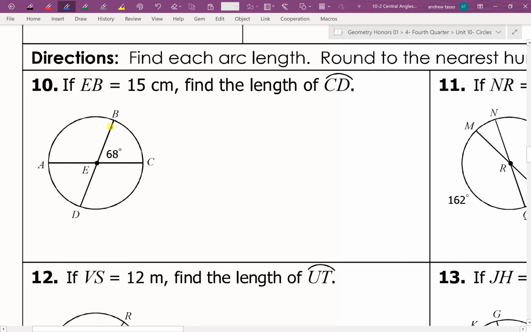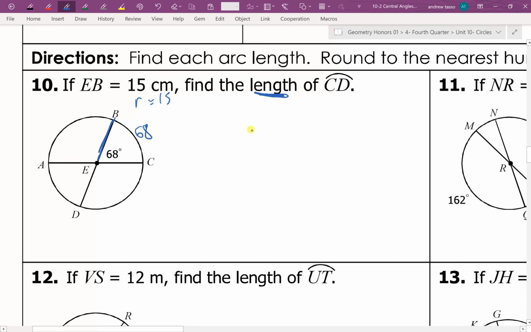Here we know that EB is 15, so that's the radius, r equals 15. And find the arc length CD. Notice they're asking for the length, not the measure. If it asks for the measure of arc CD, that would be very easy.